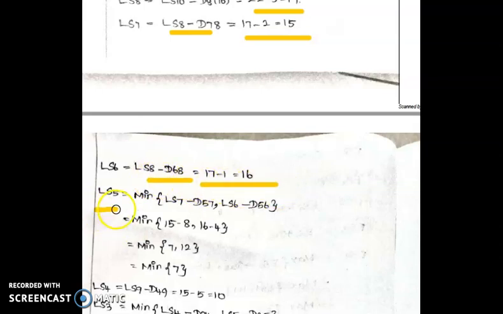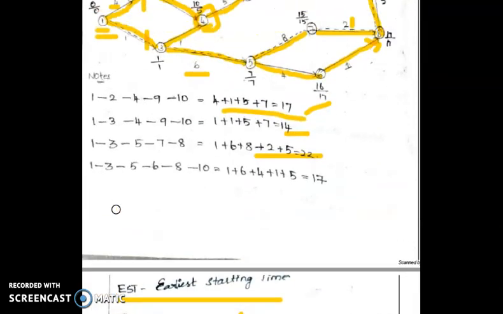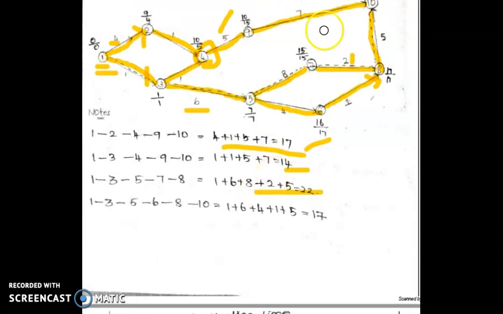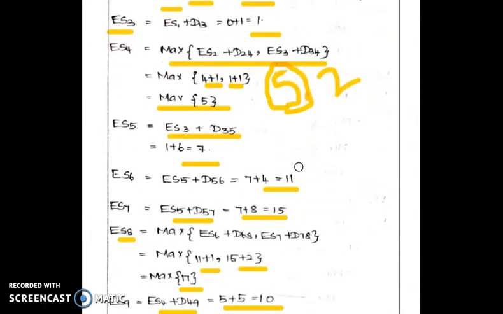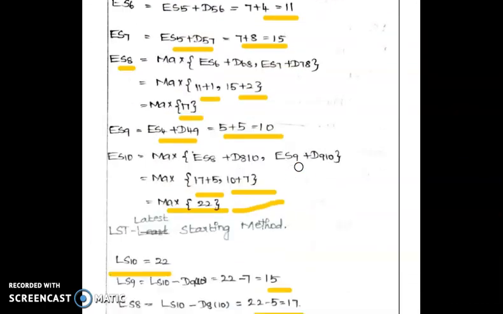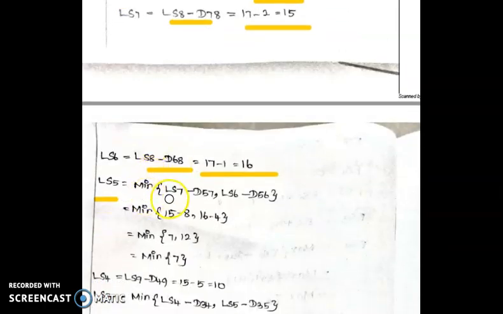And LS5. LS5 means in a network diagram, 5 comes in two ways. We can come through 7 back and 6. So here we have to find out the minimization of the value. Minimization of LS7 minus D57, comma, LS6 minus D56.